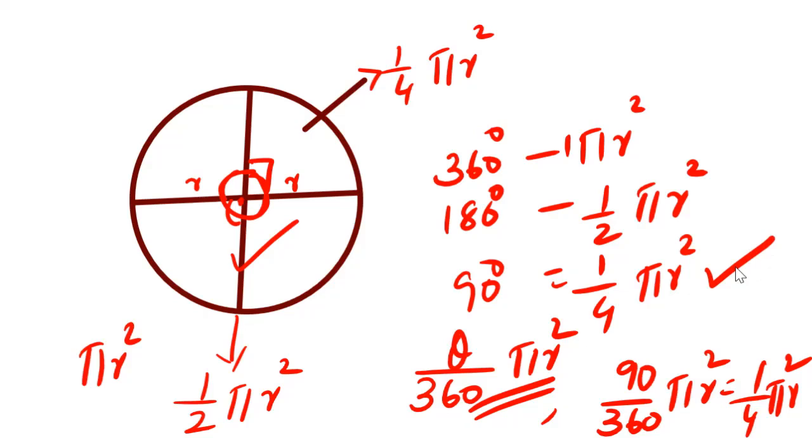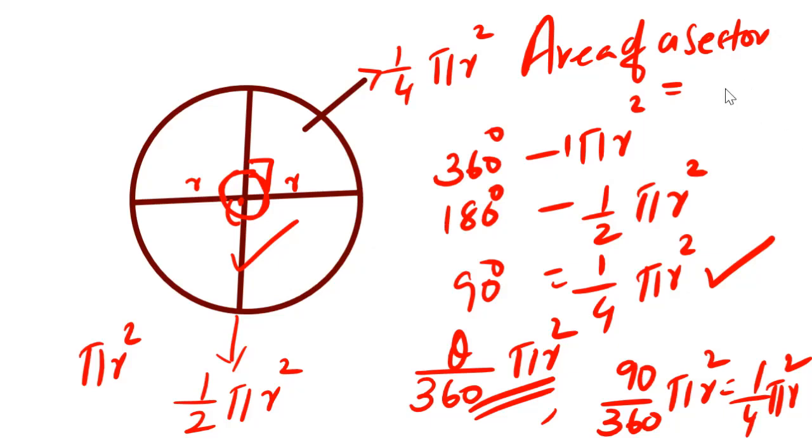So my dear students, we could develop a formula to find the area of a sector. What is the formula? The formula just derived is theta upon 360 into pi r square. Remember this. You know what a sector is?